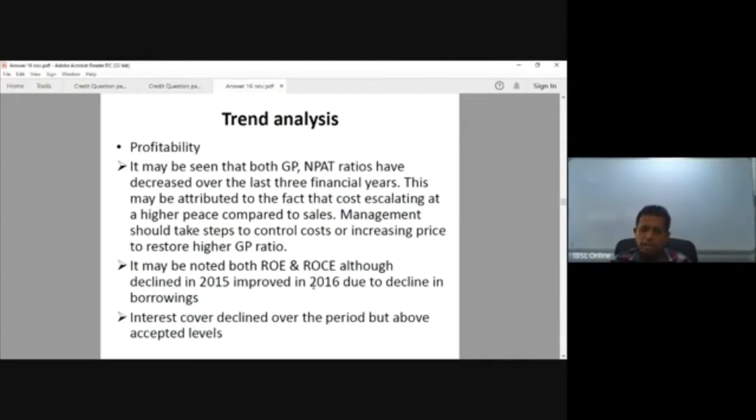You are doing business in a competitive environment. You cannot in isolation increase your price, right? It's very easy to say you have to increase your sales price, but it will affect the sales of the company. The best option is to curtail your cost as far as possible. Through that, you can increase your gross profit ratio.